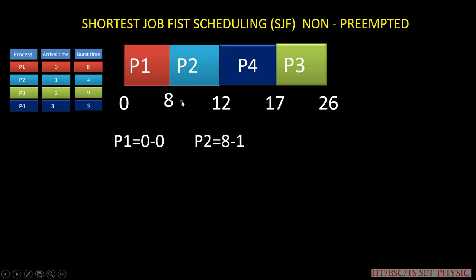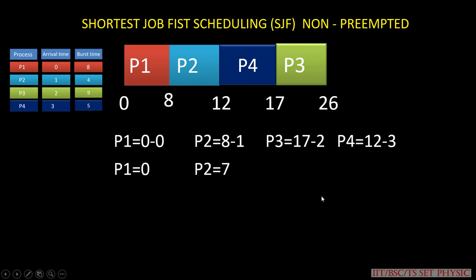Then P2 is 8 minus 1, because P2 is available at 1 millisecond, P3 is available at 2 milliseconds, and P4 is available at 3 milliseconds. The processes started at 8 minus 1, 12 minus 3 and 17 minus 2.